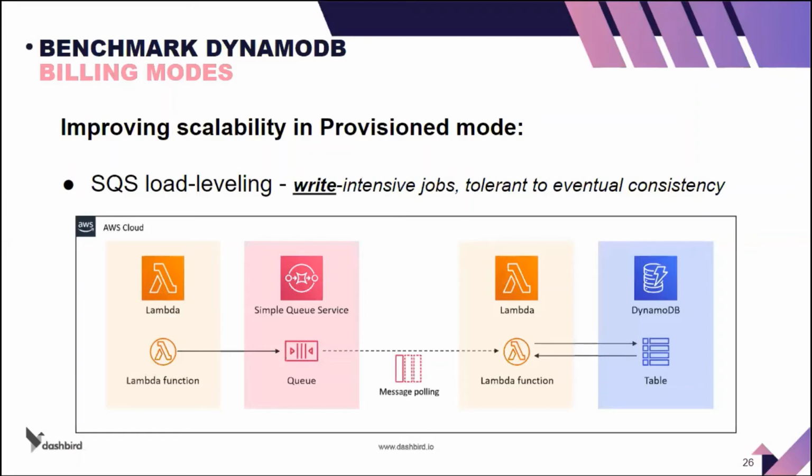If we set a throttling limit on this second Lambda, we know exactly the peak demand that the DynamoDB table can get. Regardless of how much demand the first Lambda is getting, we know the maximum demand that the DynamoDB table is going to get, because the SQS queue is leveling the load for us, and the throttling in the second Lambda as well. So it makes it a lot easier to allocate resources on the DynamoDB table in the provisioned mode.